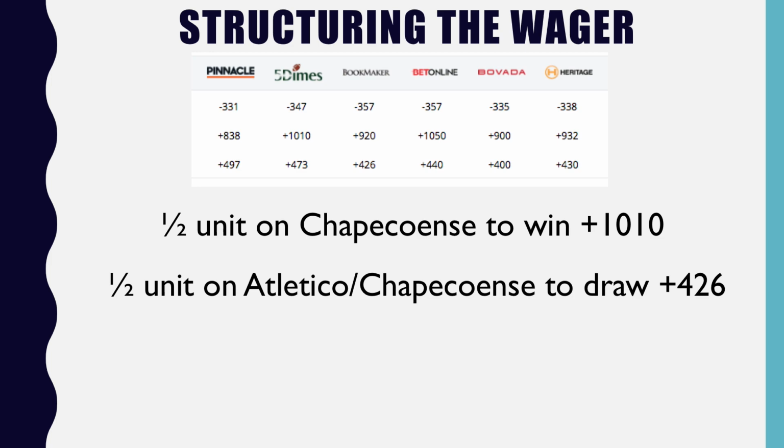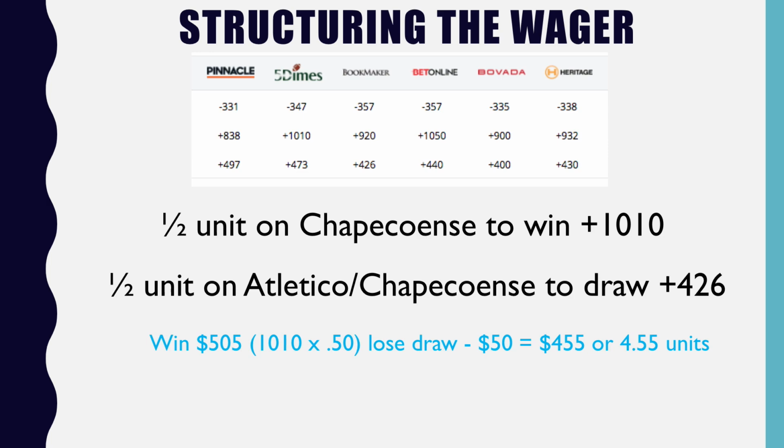The reason we're structuring it this way is, again, if Chapecoense loses the match, then we would just lose a full unit, just like we would on any other wager we make in sports betting, okay? But if Chapecoense was to win, we would actually win, and this is an example where we're going to assume this is a $100 bettor, which means the bettor is wagering $100 on each bet.